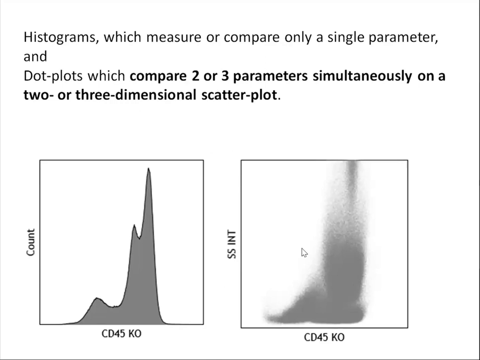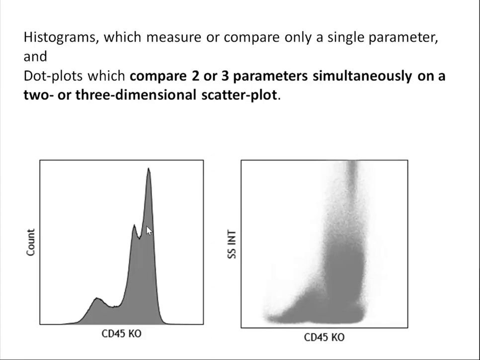But with respect to a dot plot, I can use one more parameter on the y-axis. I have used side scatter here, but I can use any scatter parameter or even a fluorescent parameter on the y-axis. So a histogram is a representation of one parameter. When I say parameter, it includes both fluorescence and scatter.